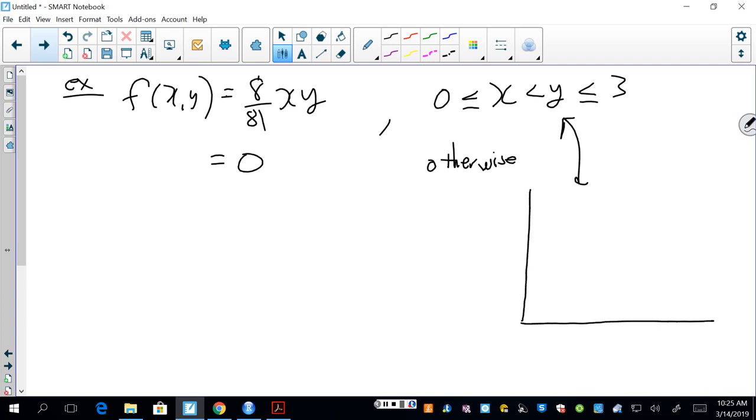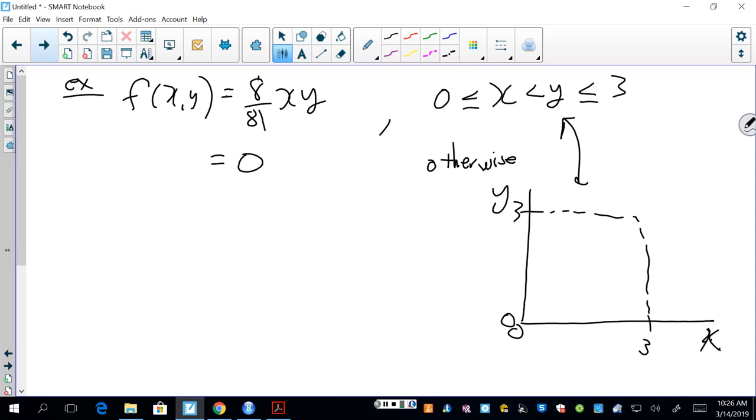we can do an xy plane here to show where this function is defined to be above 0. So, 0 to 3, that's a square here. Y goes from 0 to 3. Implicitly, x can go from 0 to 3, but x has to be less than y.